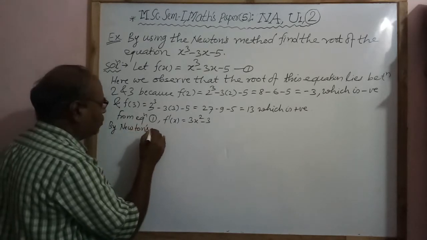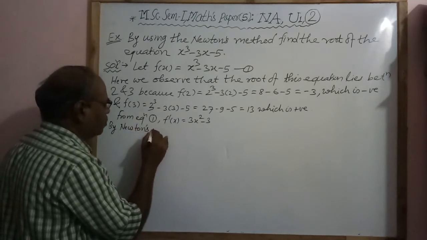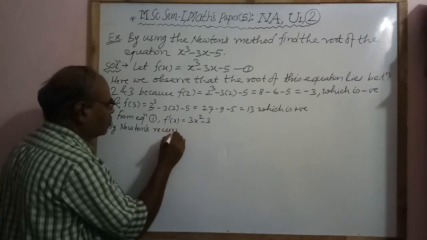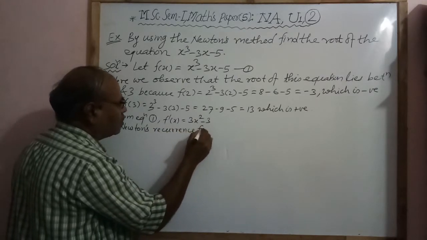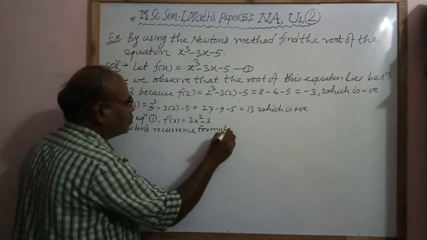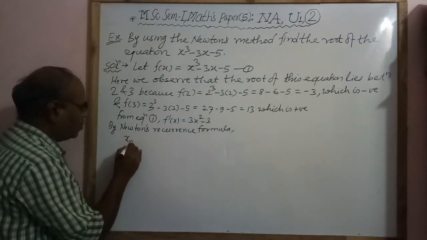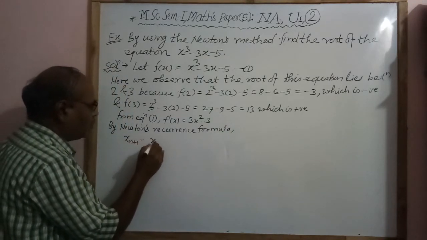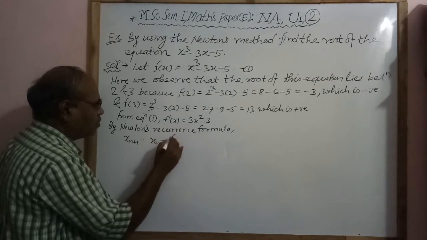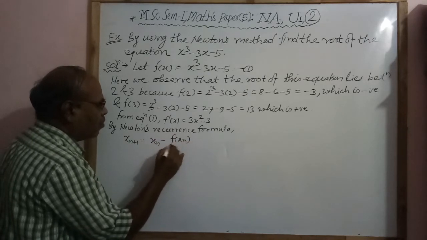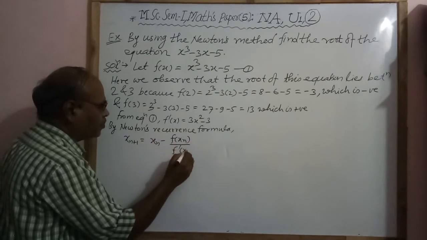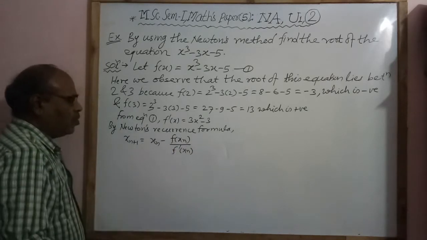By Newton's recurrence formula, we have xn plus 1 equal to xn minus f of xn divided by f dash of xn.